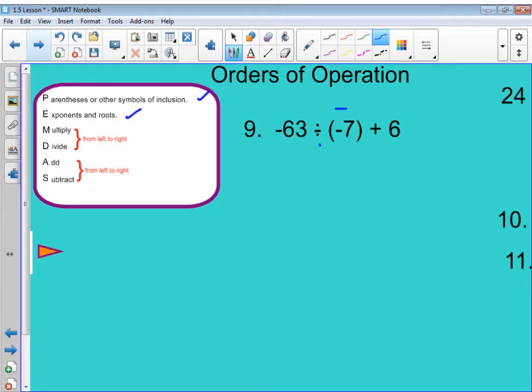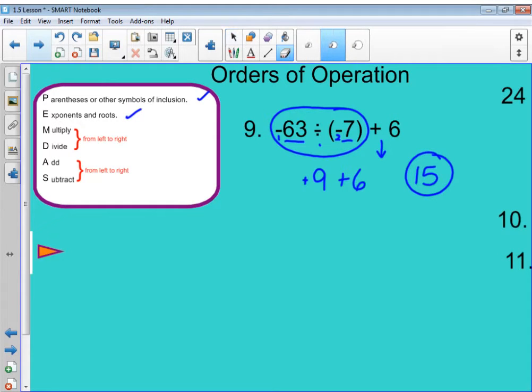Yes, there's division here, so we're going to simplify this. Okay, so I'm going to think 63 divided by 7, which is 9. Count my negatives, 1, 2, that's an even number, so really this is a +9. And then I'm going to bring the rest of it down, +6. Okay, so now we're to where it's adding and subtracting. So 9 plus 6 gives me 15.